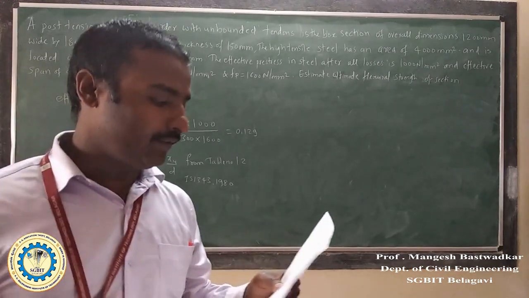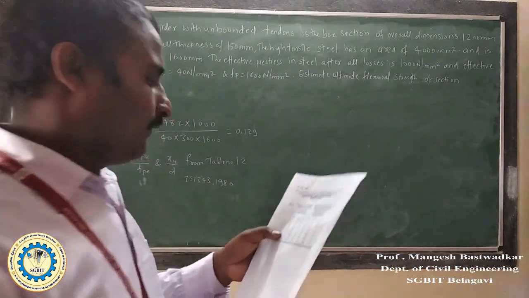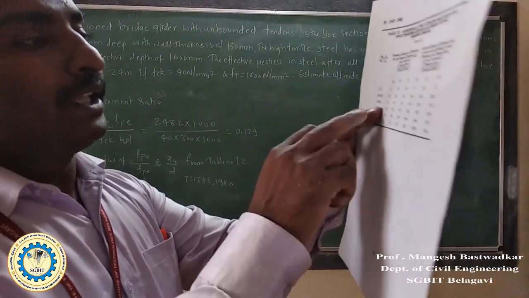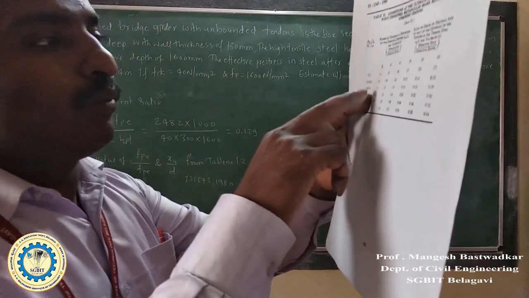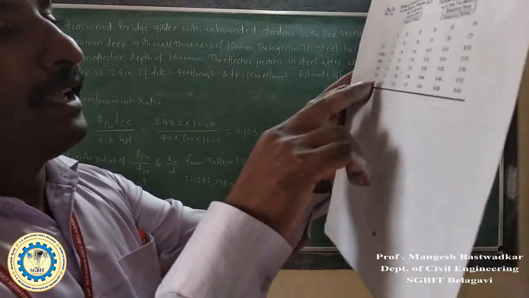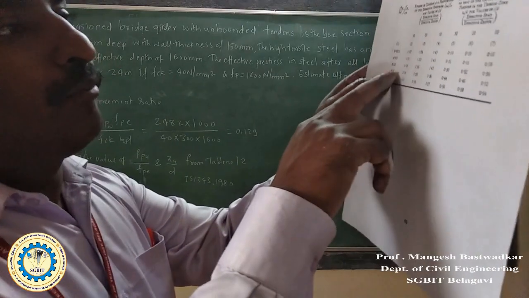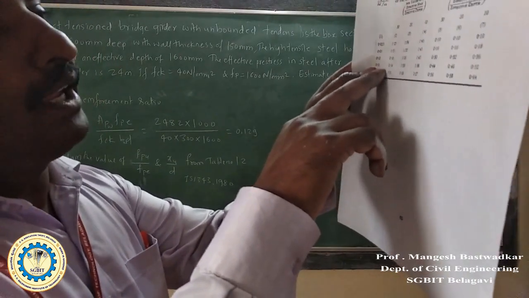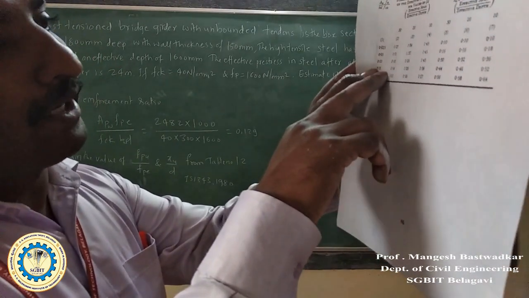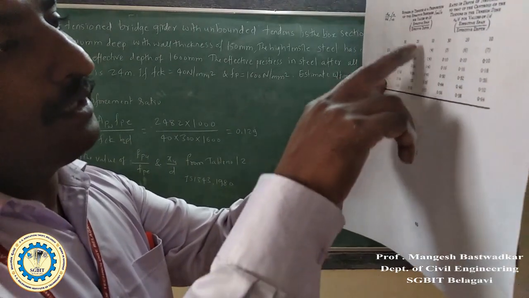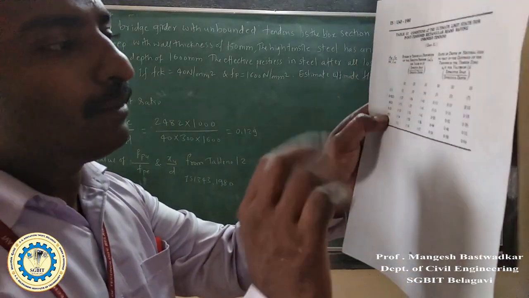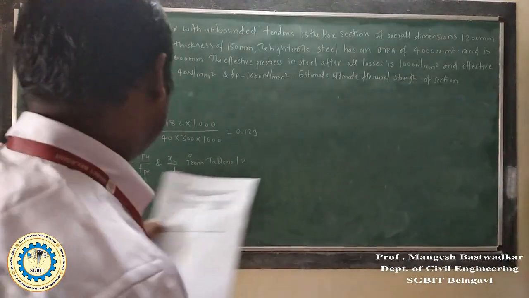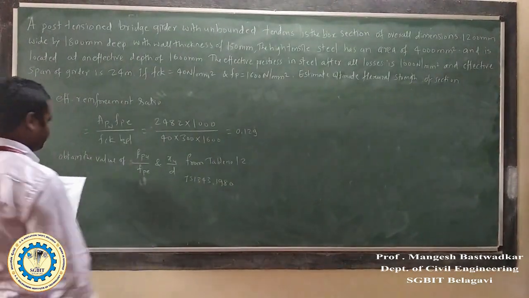So we'll obtain the value. We have got effective reinforcement ratio 0.129, that lies between 0.1 and 0.15. And here we have to do double interpolation, so we'll do that.